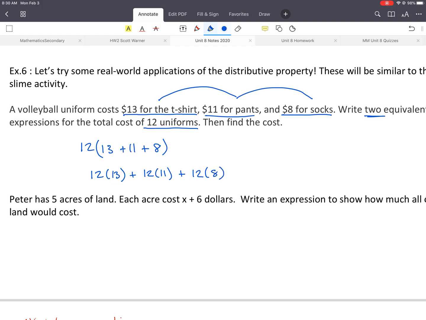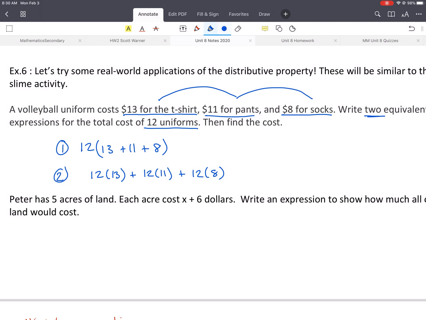Okay? And then if you added those all together, that would give us the same thing. So basically going from the first to the second, you could just use the distributive property. All right, so those are 2 equivalent expressions.